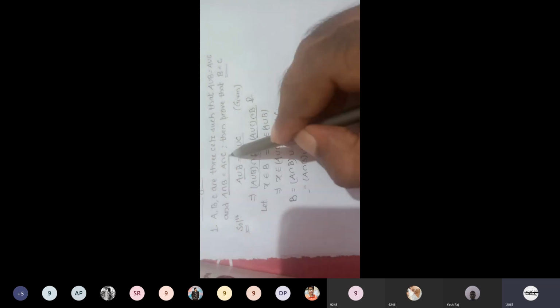You will get A intersection B union B intersection C. Also see here in rough part, A intersection B union B intersection C means if X belongs to B, then it must be X belongs to C, because I am going in short.